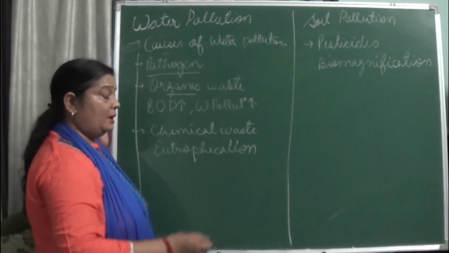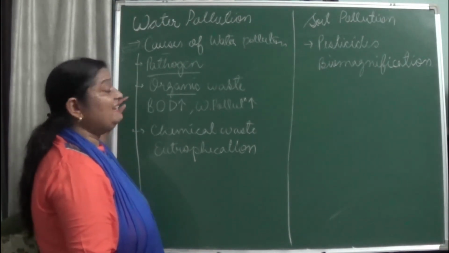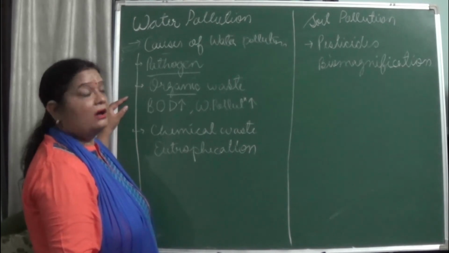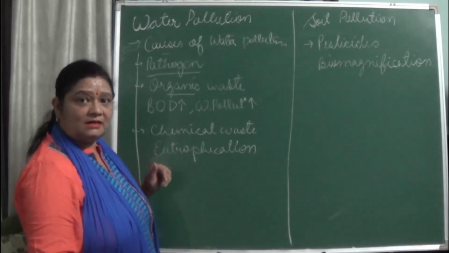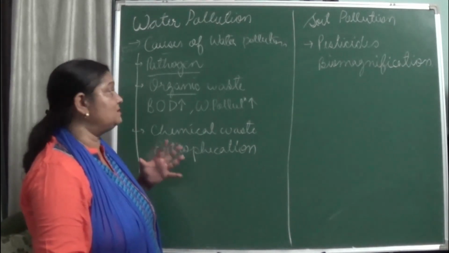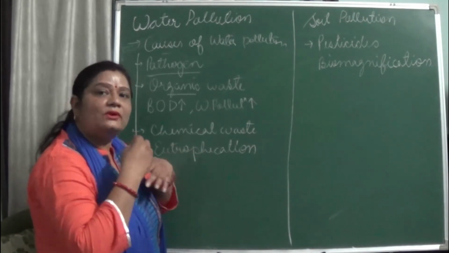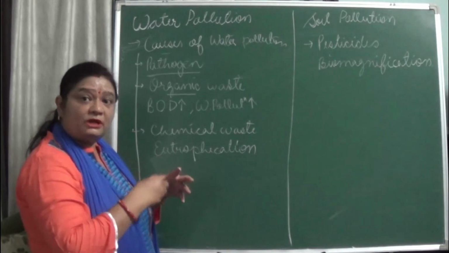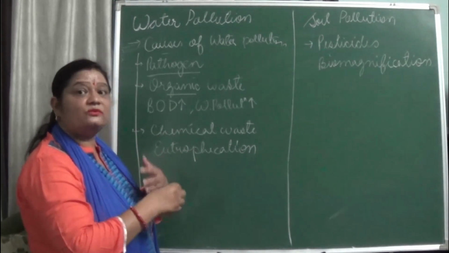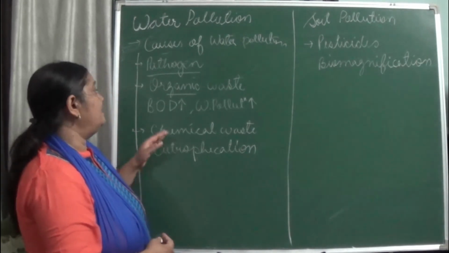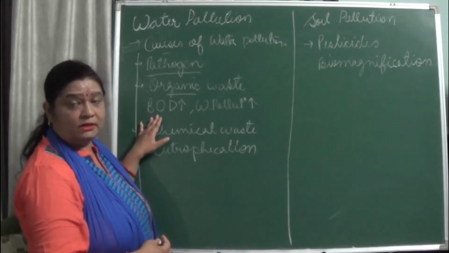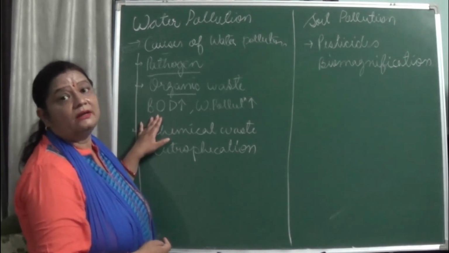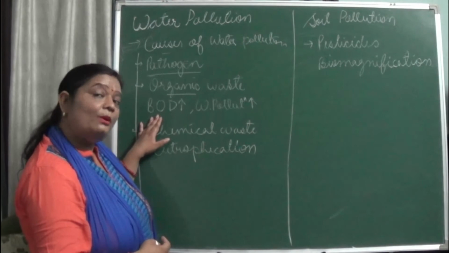When the amount of organic waste increases in the water body, what happens? Bacteria and microorganisms start growing on it, and as a result they decompose it, and due to decomposition a greater amount of oxygen is used, and this results in what? Biological oxygen demand, that is BOD.